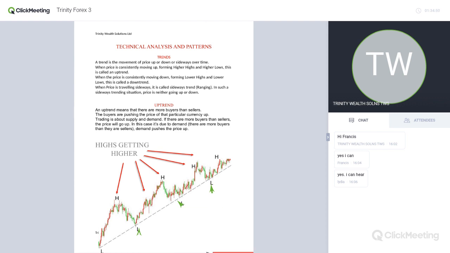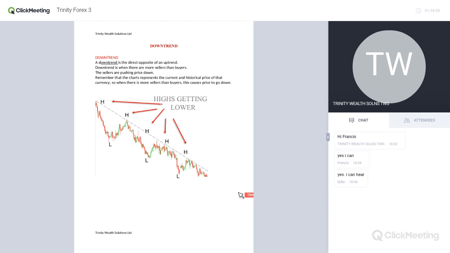So we go and check on a downtrending market. That's the opposite of an uptrend. A downtrend is the direct opposite of the uptrend.